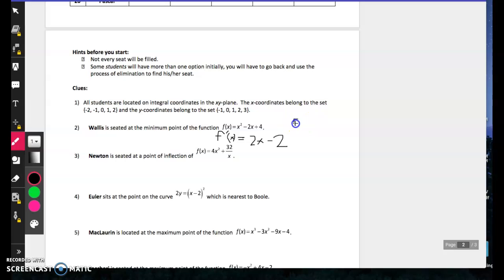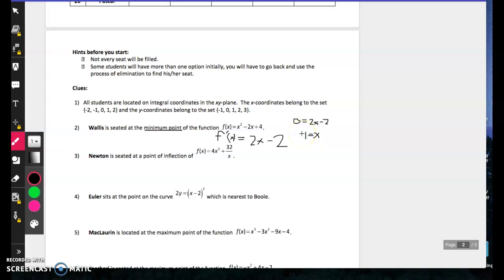So 0 equals 2x minus 2, and then you take the 2 to the other side, divide by 2, and you get x equals 1. So you know from your work with critical numbers that where the derivative equals 0 is either a max or a min. They already told us there was a min. So it's not like I'm guessing.